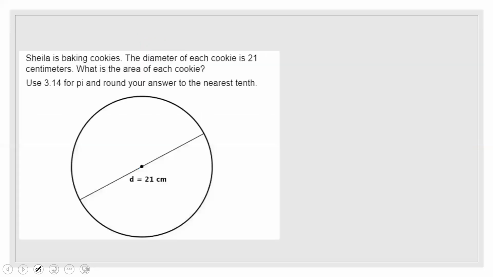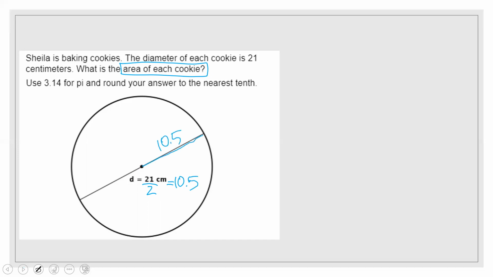Ooh, this one gives us a picture. Again, it gives us the diameter, and it's asking us to find the area of each cookie. So I guess Sheila is baking cookies. The diameter of each cookie is 21 centimeters. What is the area of the cookie? First we need to figure out, if that's our diameter, what is our radius? So we'll divide by 2, and that's going to give me 10.5 for my radius.